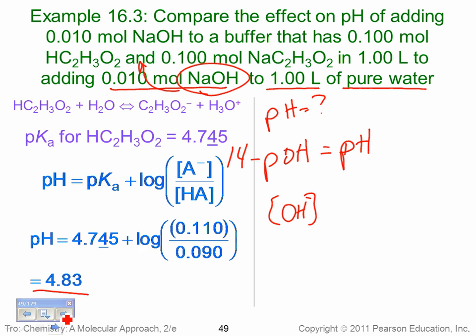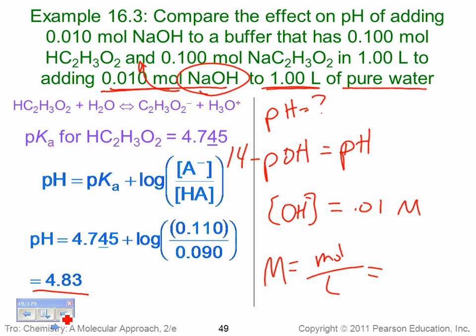So how can I get the OH concentration? From the information given. 0.01 moles of sodium hydroxide put into a liter of pure water. What's the concentration of the OH going to be? Yeah, it really is. Okay, it's going to be 0.01 molar. Because molarity, by definition, is moles over liters.